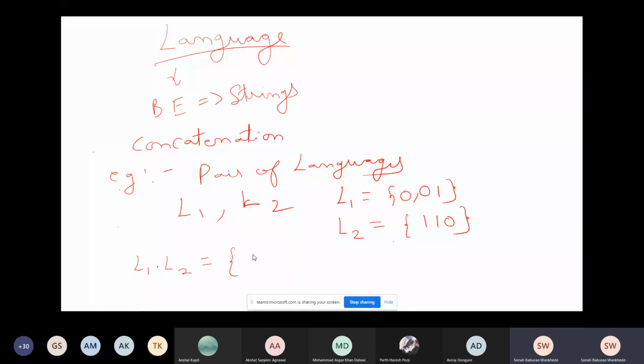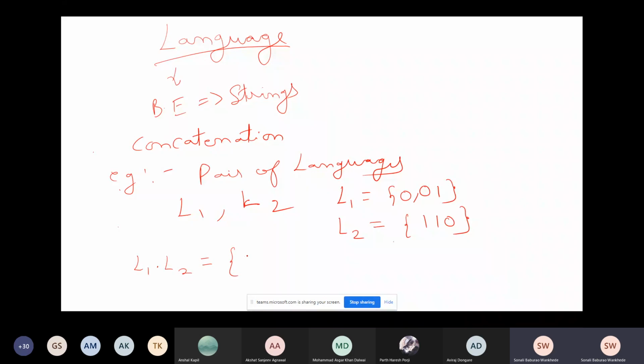See, so this question is given to you. There are a pair of languages L1, L2. L1 is equal to 0, comma 01. L2 is equal to 110. So if you find the concatenation of L1 dot L2, concatenation is basically given by L1 dot L2, right? So here you will concatenate both the languages.